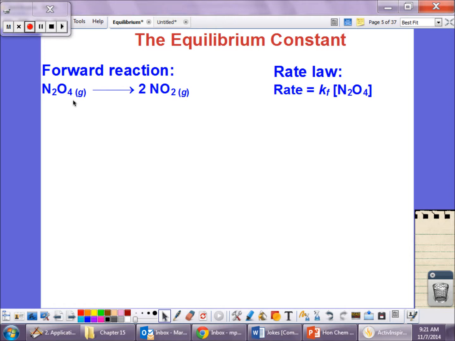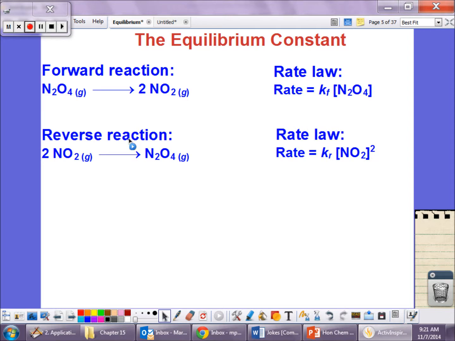This is the rate constant. How about the reverse reaction? We have 2NO2 going back to produce N2O4. If they ask you to write the rate for this equation, it is rate equals the rate constant, lowercase k reverse, times the concentration of the reactant raised to its order. This is an elementary step.